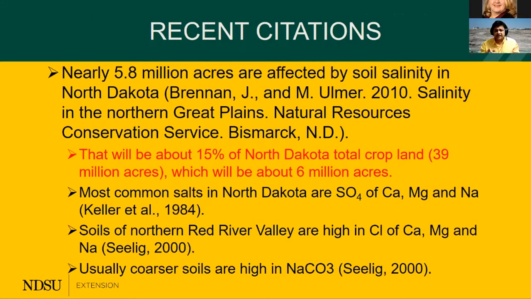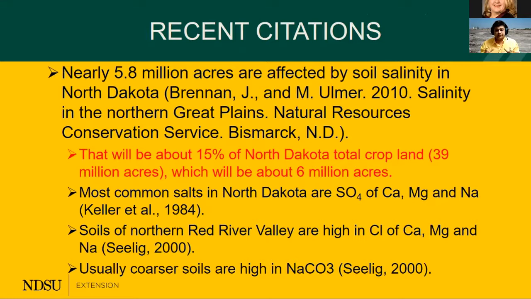The most recent study we have, in 2010, estimated that about 6 million acres were affected by salinity alone. That's about 15% of the total cropland in North Dakota, which is 39 million acres.